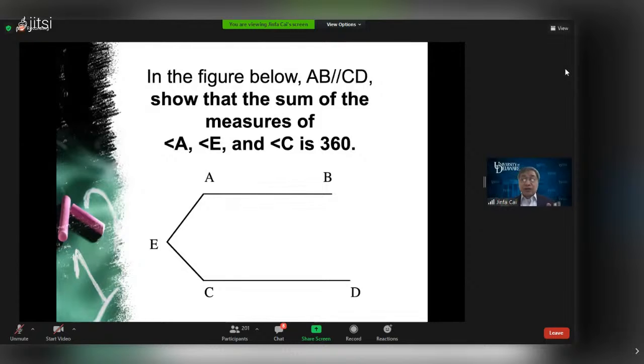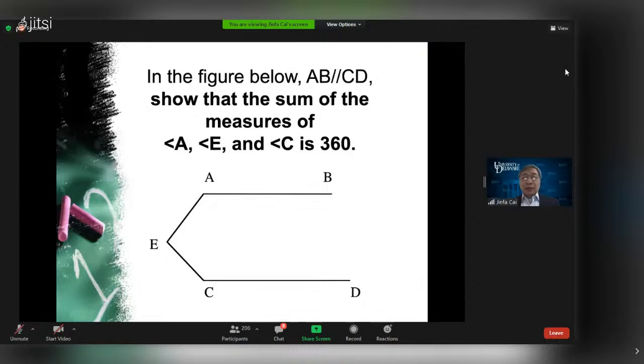Usually the textbook will include a problem like that. But this is not problem posing. This is a usual kind of problem solving task. Students need to prove the sum of the three angle measures equals 360 degrees.